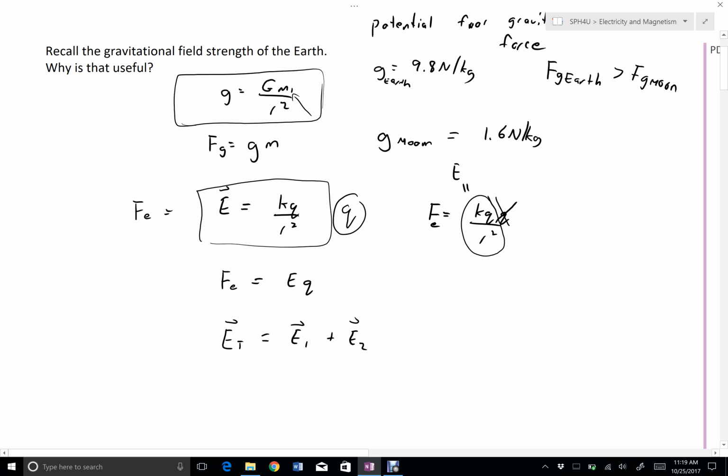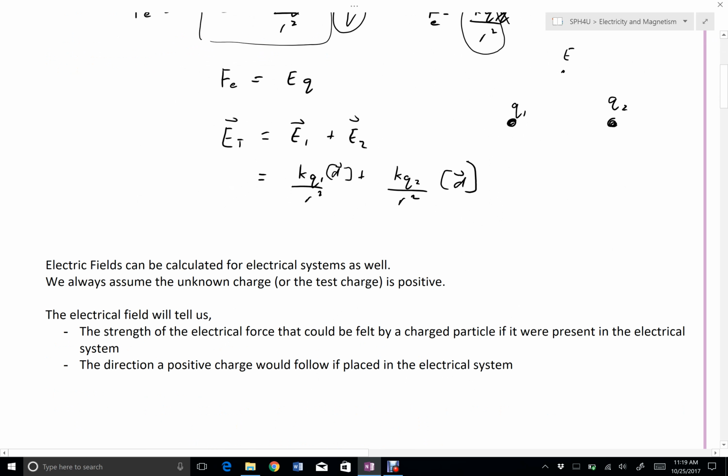So if I have more than one charge, like if I have a charge here and a charge here, and they're generating an electrostatic field here, then I can sum the electrostatic fields from the individual charges to come up with the overall electrostatic field here. The trick here, of course, is that this is a vector sum, so I need to consider their direction as well when doing this sum, and so it's a vector addition. Let's see what that looks like in an example.